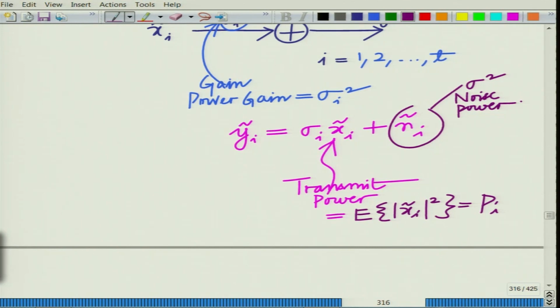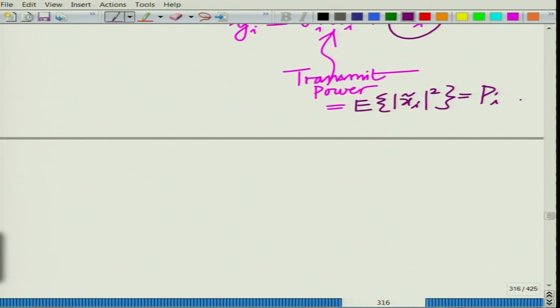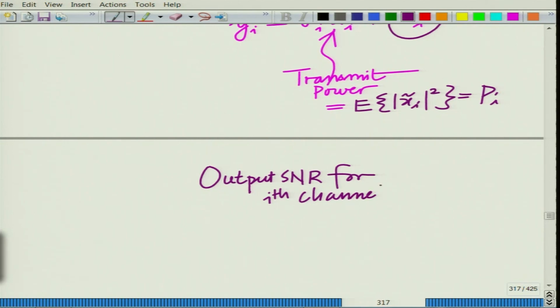This is the noise power. So, the output SNR for the ith channel will be equal to, because we have the amplitude gain sigma I, so we will have a factor, the gain of the power will be sigma I square, sigma I square times the input power, which is Pi, divided by sigma square, which is the noise power.